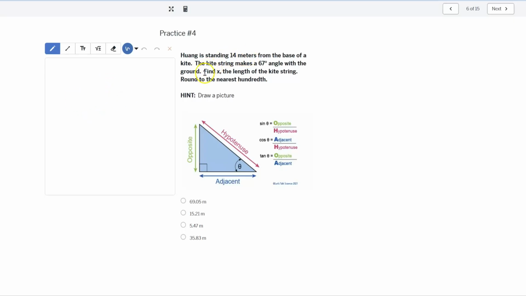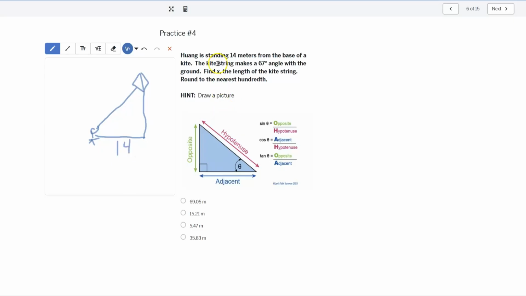Alright, so Huang is standing 14 meters from the base of a kite. So let's say, here's a kite. Here's a string that comes down, and here's a guy holding the kite. It says he's 14 meters from the base of the kite, which would mean if I went straight down and made a triangle, he's 14 meters away.